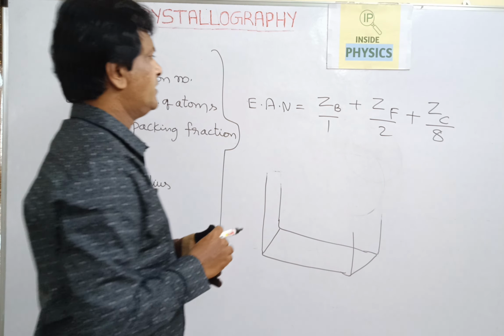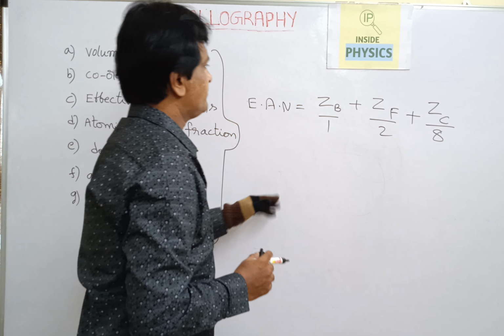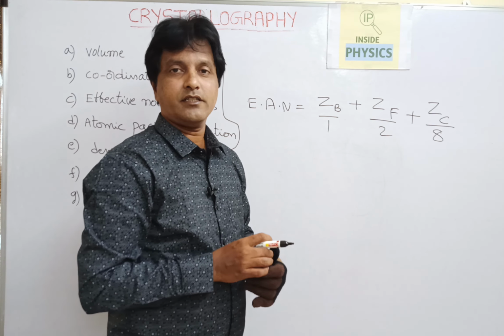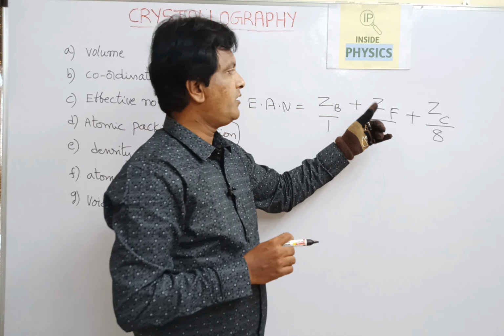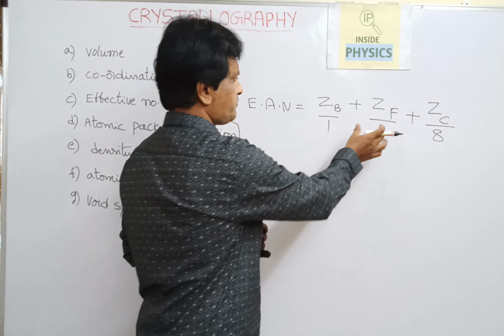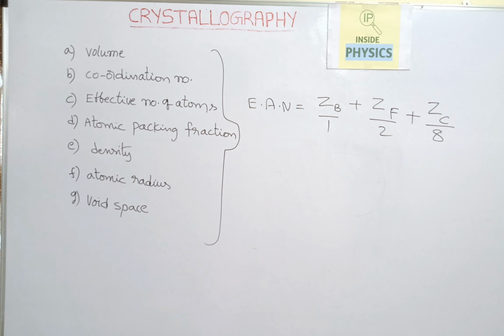This is the relation to calculate the effective number of atoms per unit cell. In this way we will calculate the effective number of atoms in a cubic structure.